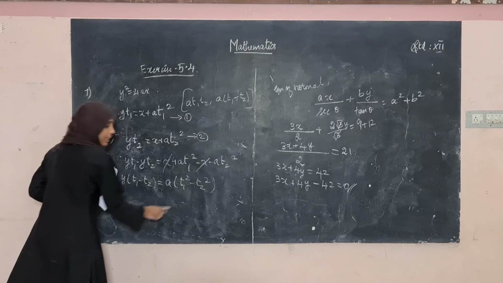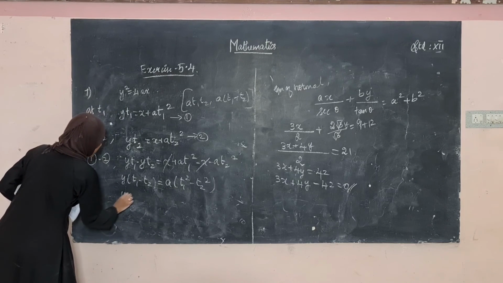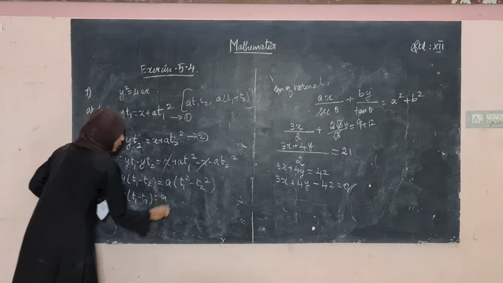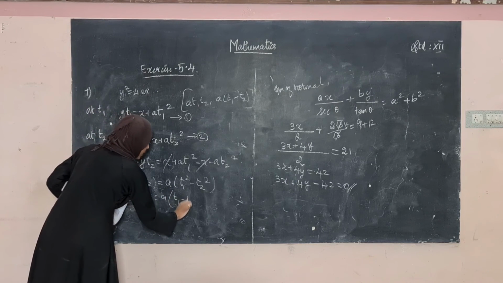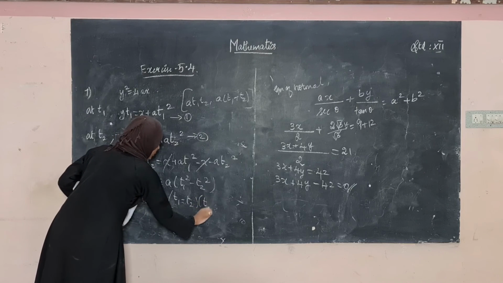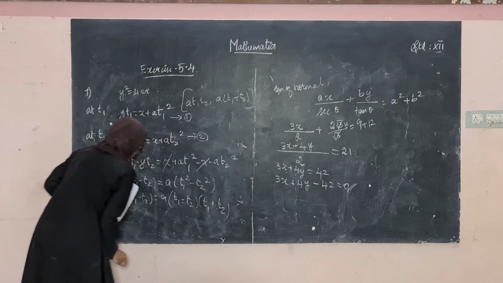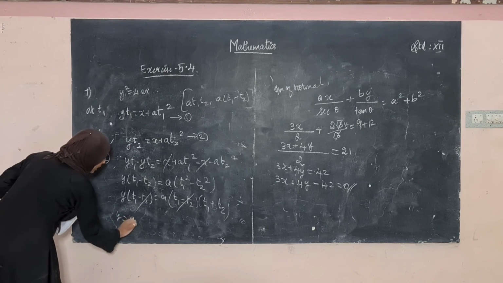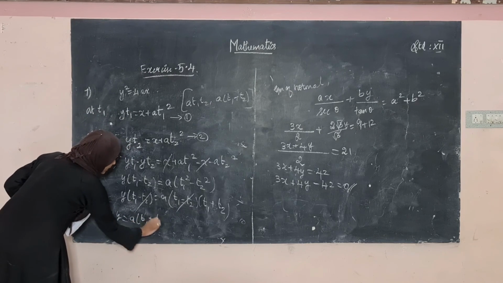Okay, so this can be written using the a square minus b square formula, T1 minus T2 into T1 plus T2. So what happens? This and this get cancelled. Therefore, y is equal to a into T1 plus T2.